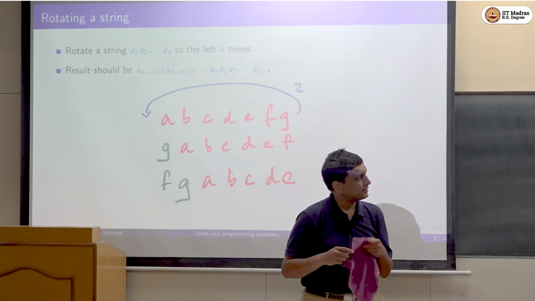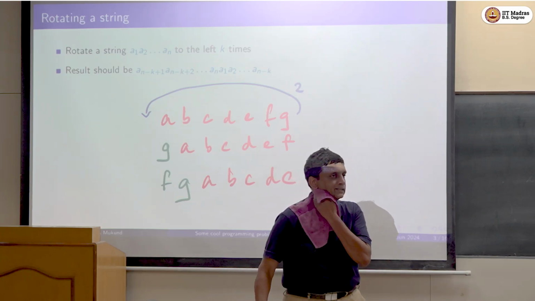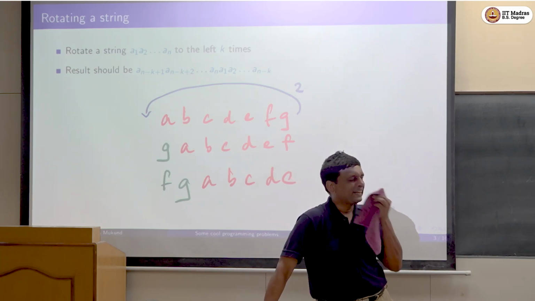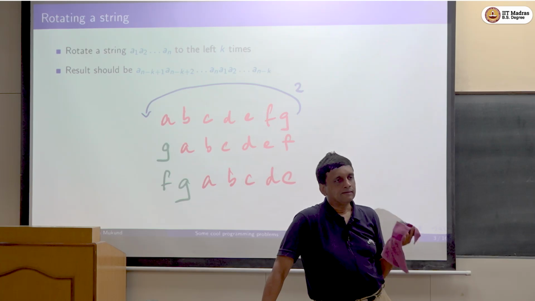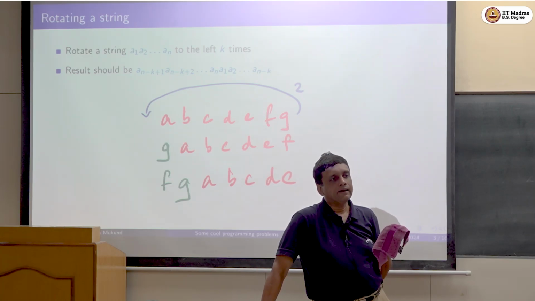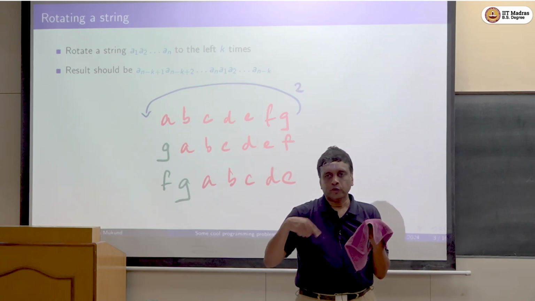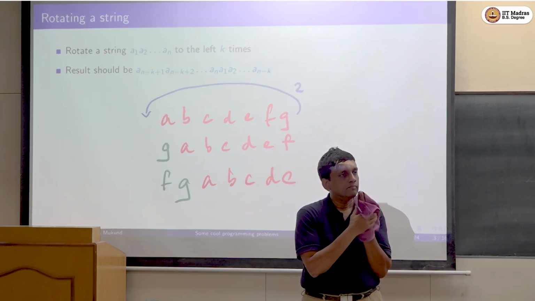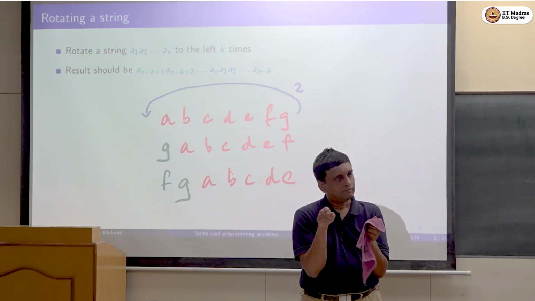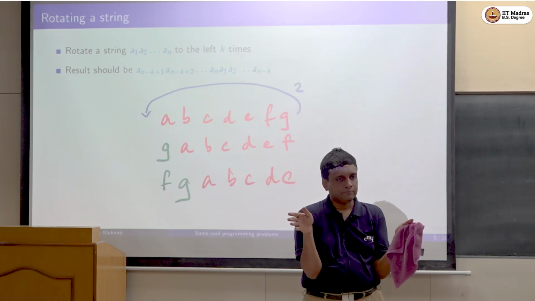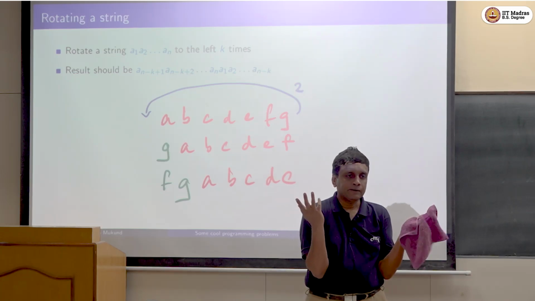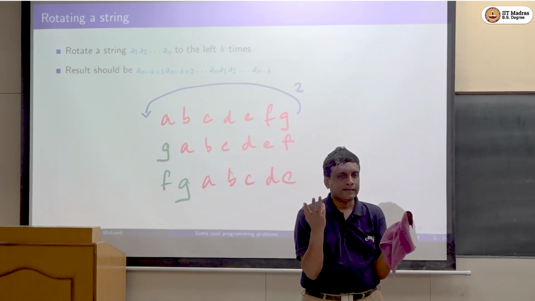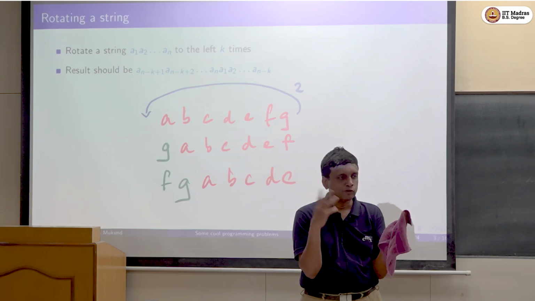I give you a string. This string could have some n characters, and then I give you a number k. So k is the number of times I want it to rotate. Now if k is equal to n, what happens? K equal to n, I come back to the same thing. So k could be arbitrary, but you can divide it by n and get the remainder because each n contributes nothing.